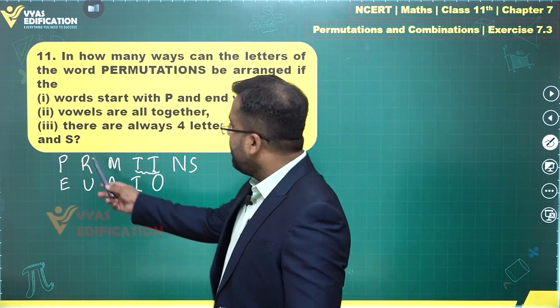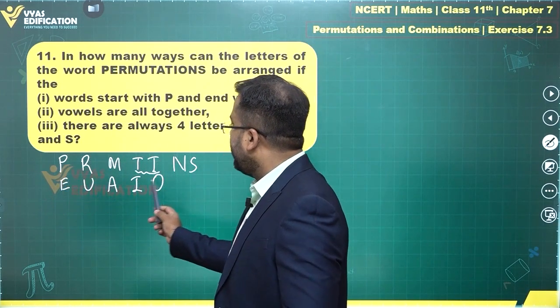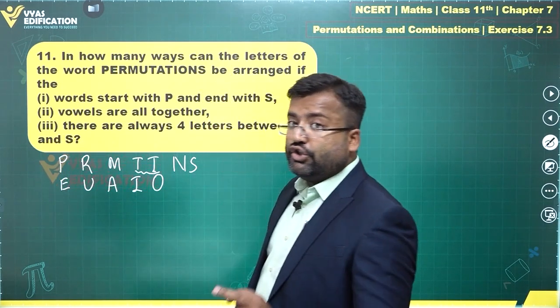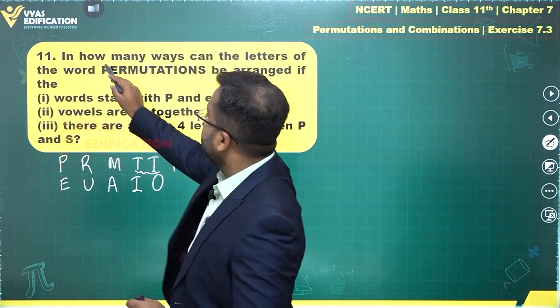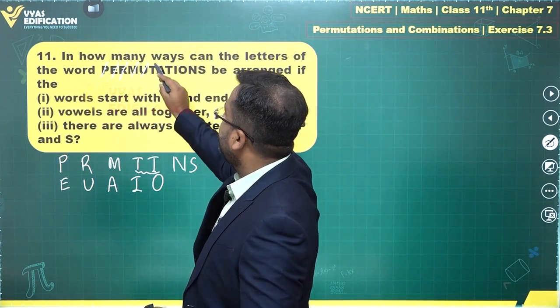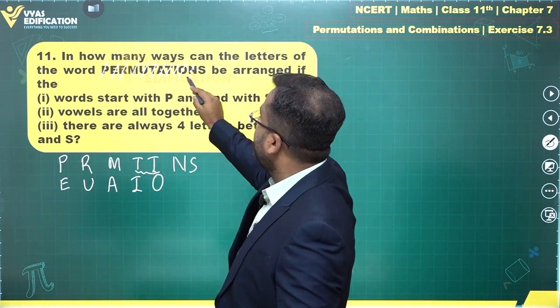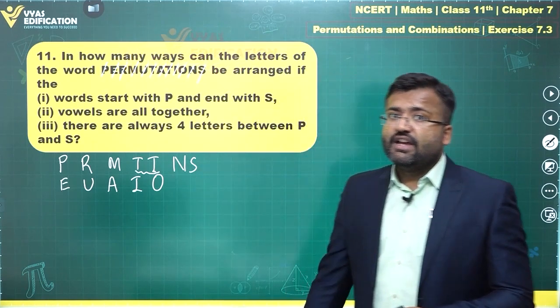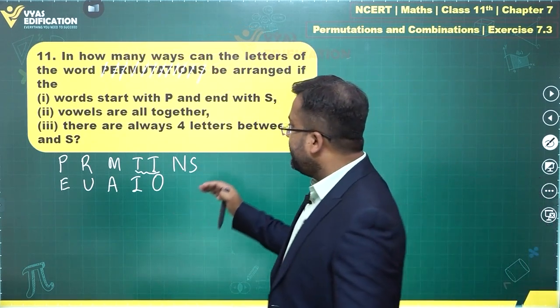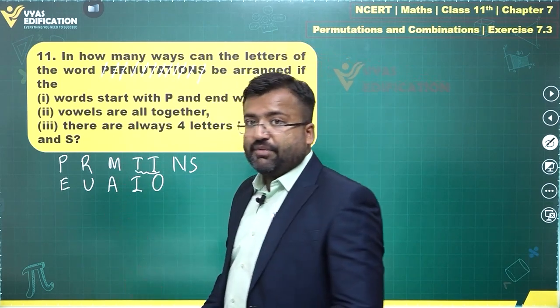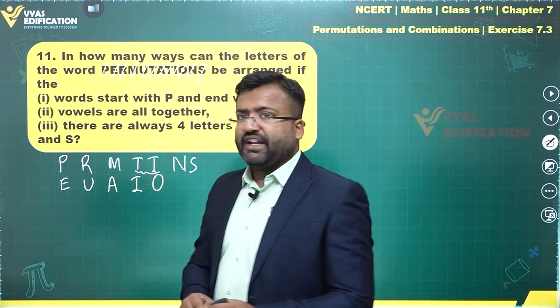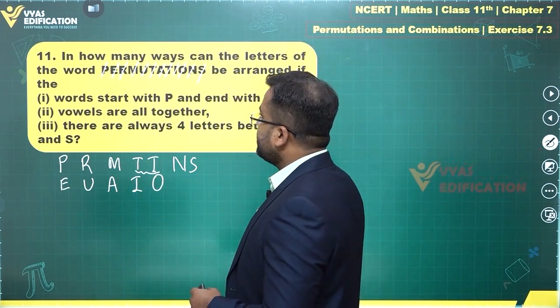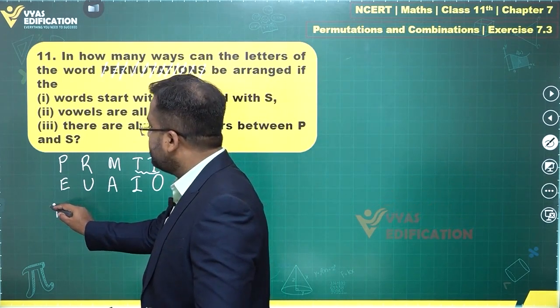We have 1, 2, 3, up to 12, a total of 12 letters. Let's count again, 12 letters. Yes, we haven't missed any letters, and we have written the consonants and the vowels separately. One of the consonants is repeating, that is T. It's coming twice.